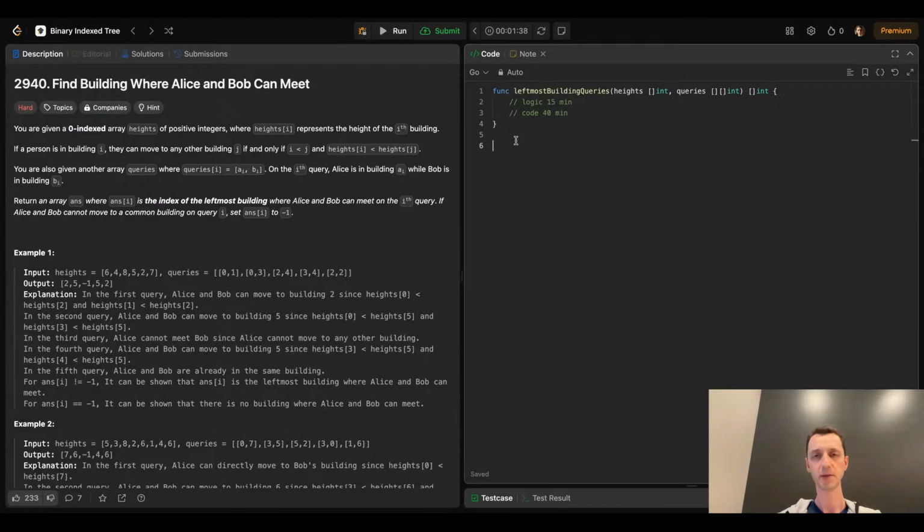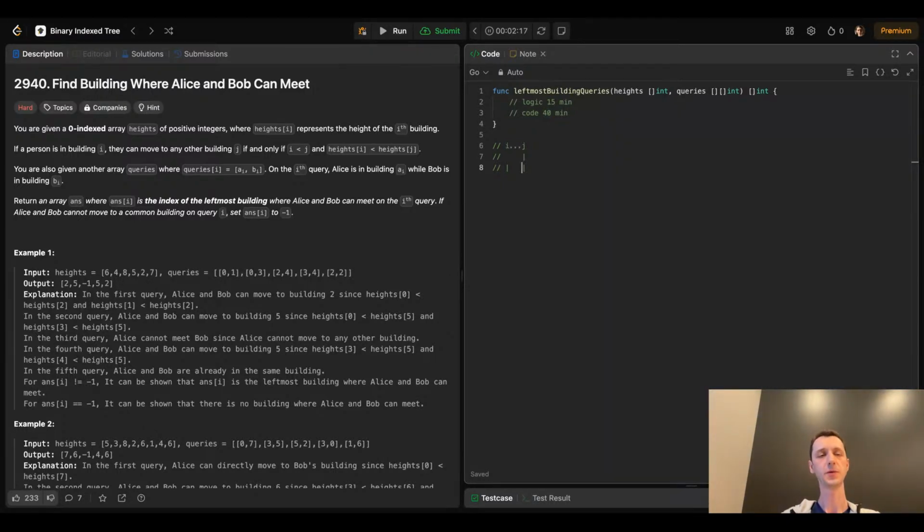So that means there will be i, then there will be j at some point, and the building is higher. So this is that building, and this is that building. Okay, so a person in building i can move to any other building like that.